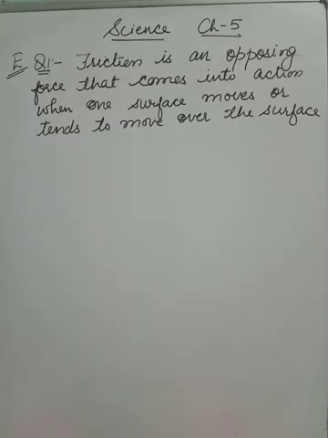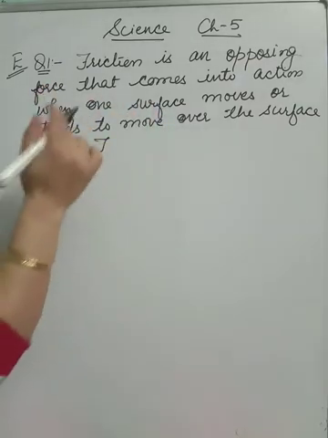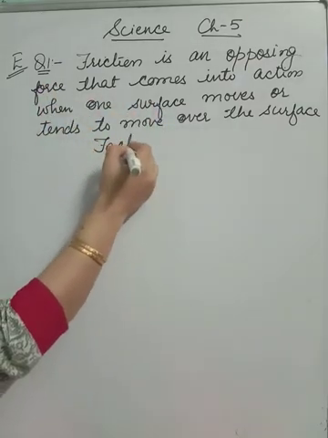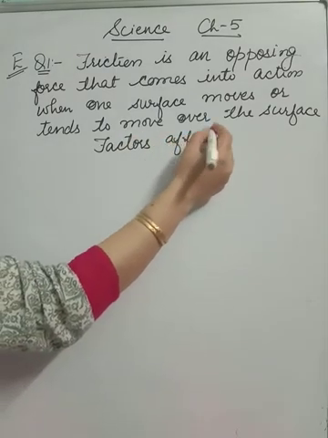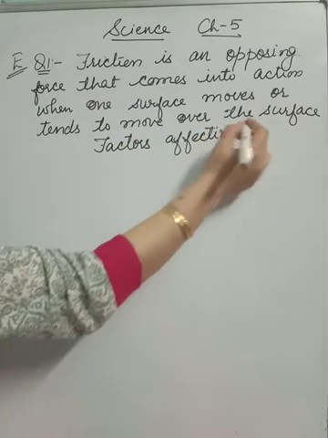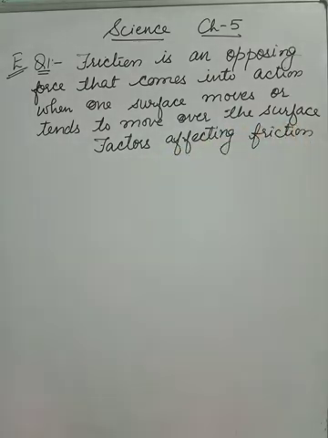Now the second part of the question is: list the factors affecting force of friction. Now we will start with the next part of the same question. Factors affecting friction. Here you have to write down the examples also.